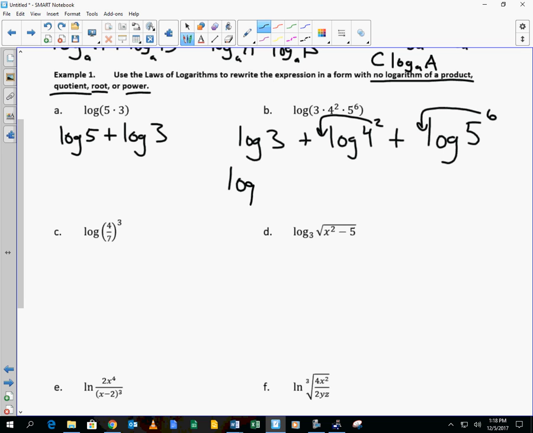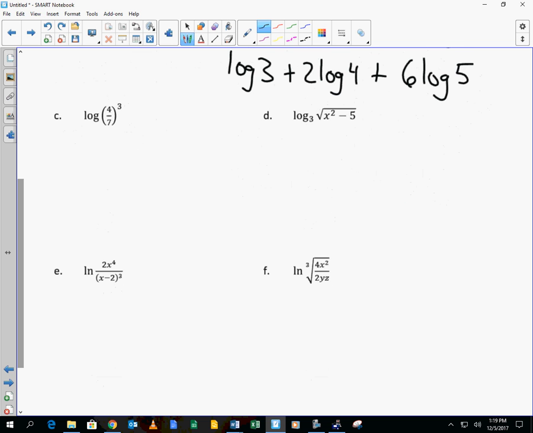I get log of 3 plus 2 log of 4 plus 6 log of 5. Excellent. So what you want to do is you want to do that because on the test I could give you x times y squared times e to the sixth. Okay.